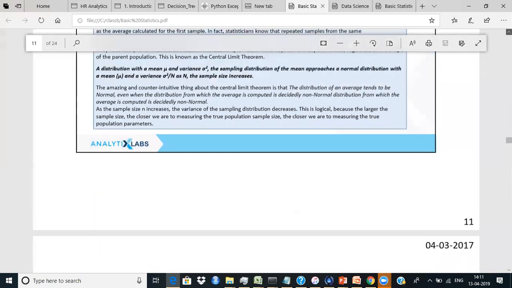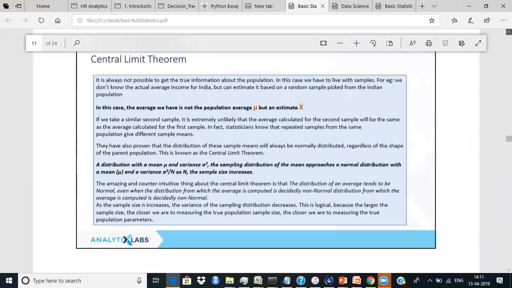It talks about population standard deviation. So to apply CLT, we need to know the population standard deviation. So that means we need to know the whole data of the population in that case? Not really. Population standard deviation can be obtained in a number of ways actually.